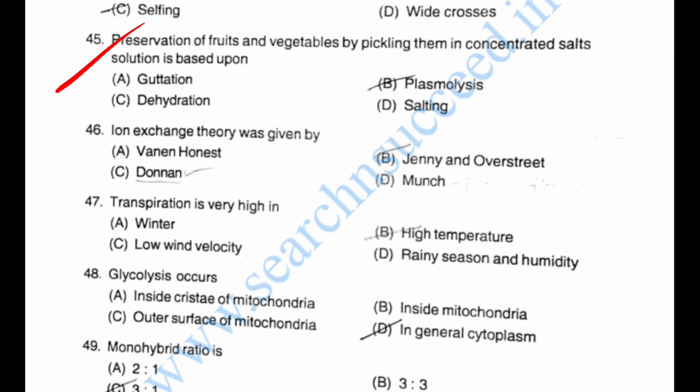If we put any vegetable in the concentrated salt, then what will happen? Obviously plasmolysis will happen. So answer is plasmolysis. Ion exchange theory was given by, who gave ion exchange theory? Answer is Donnan.